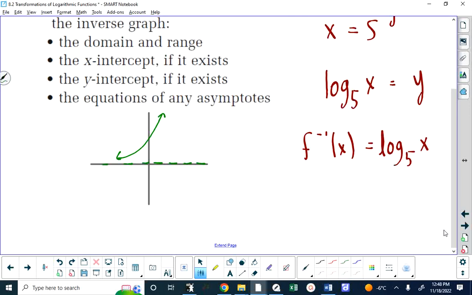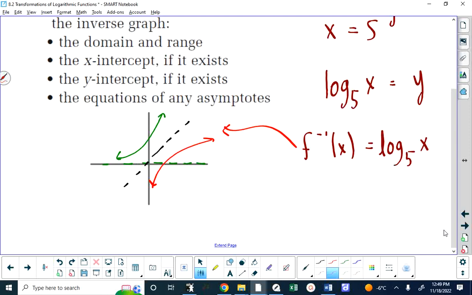How many of you can visualize that when you reflect that, it looks like this? So there's no need to pick specific points and switch out x and y and replot them. This is that function.